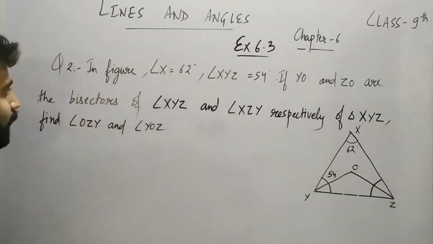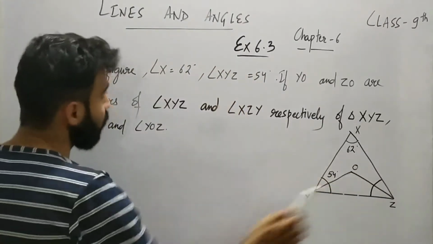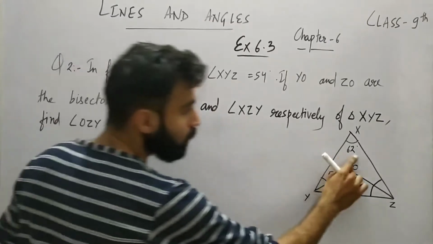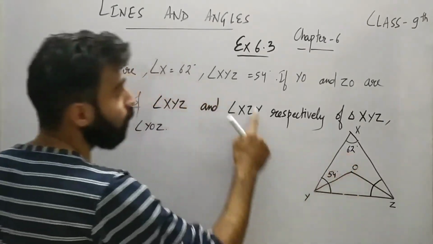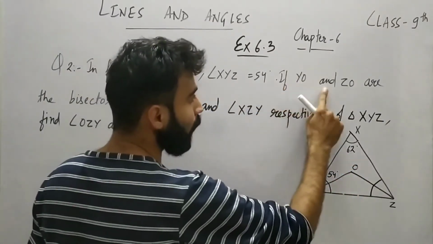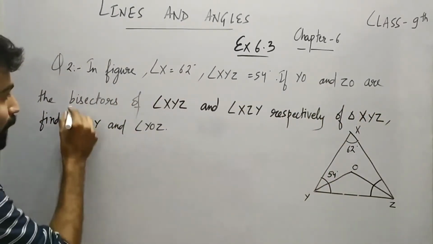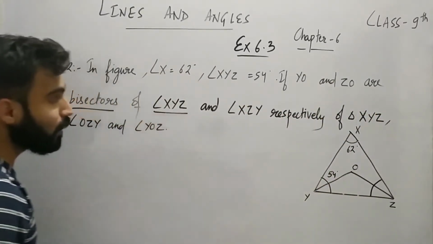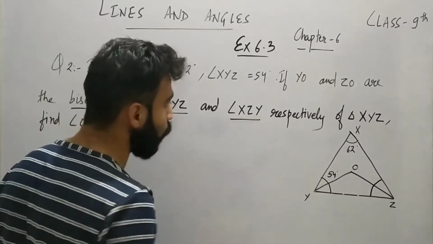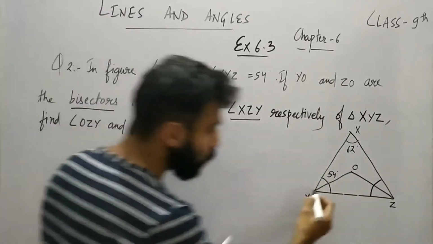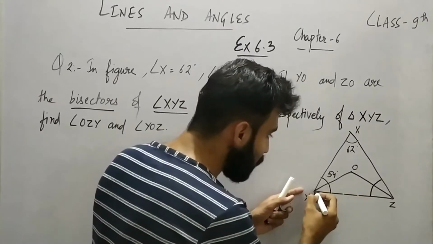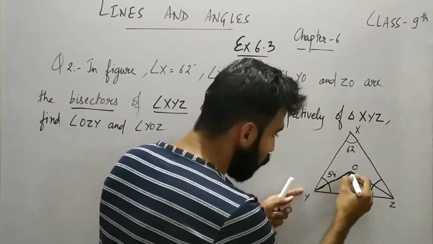Now question number 2 is, in the given figure here, the angle X you can see here is 62 degrees. Further, YO and ZO are the bisectors of angles XYZ and XZY. This angle Y is bisected by the line YO.